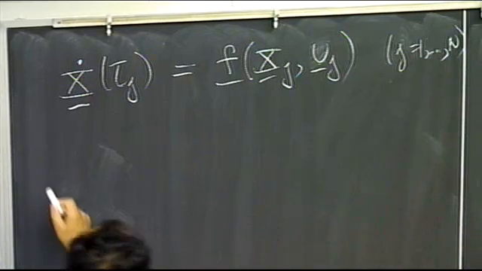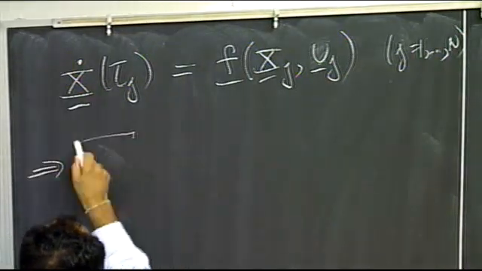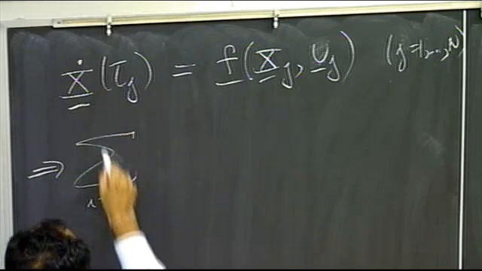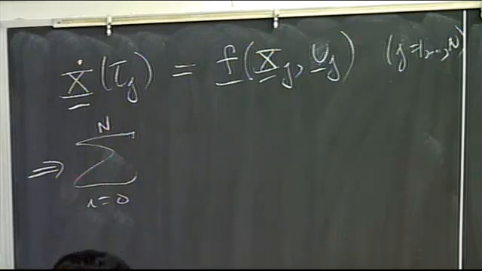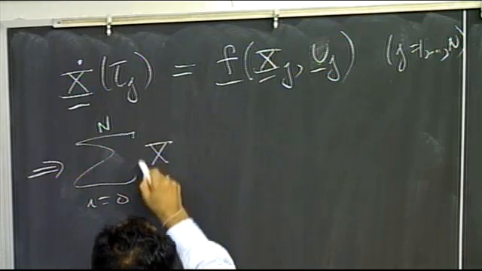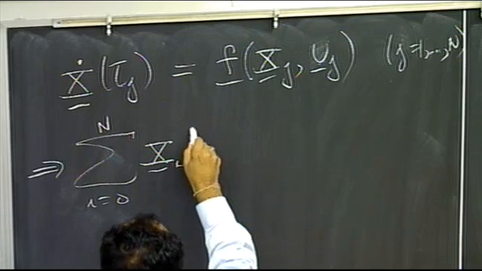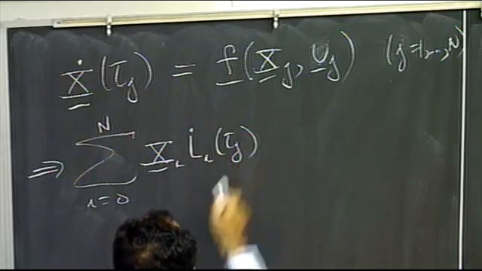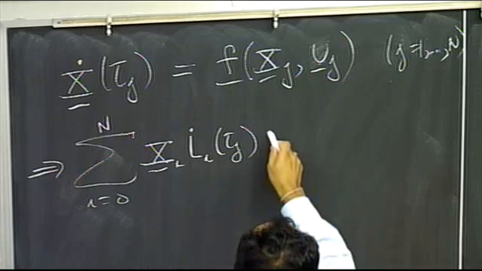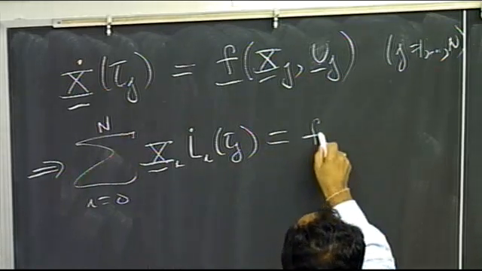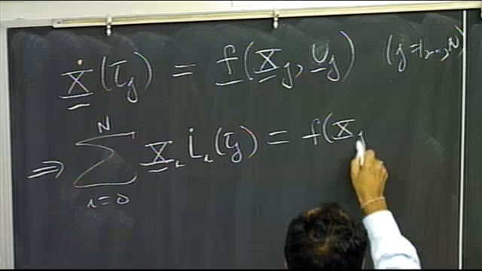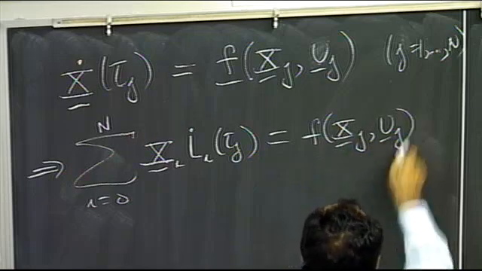So this says that the sum from i equals 0 up to n of x_i l_i dot of tau_j is equal to f of x_j, u_j.